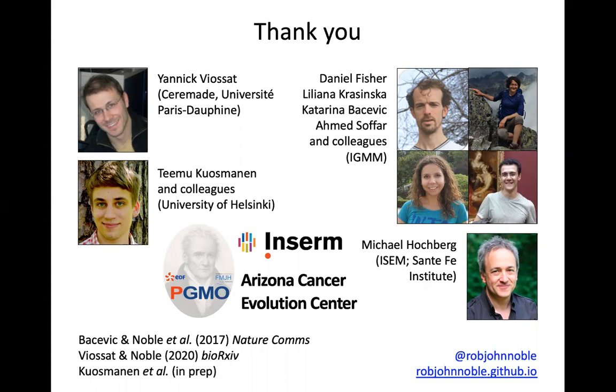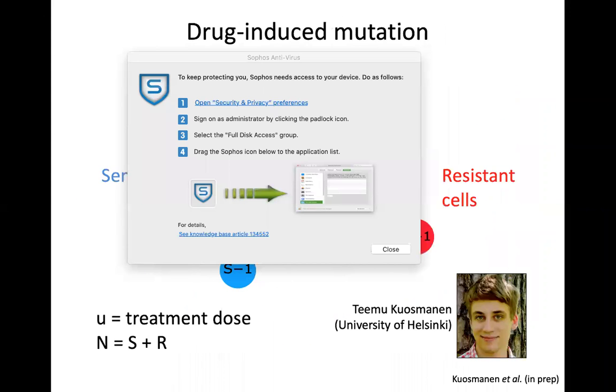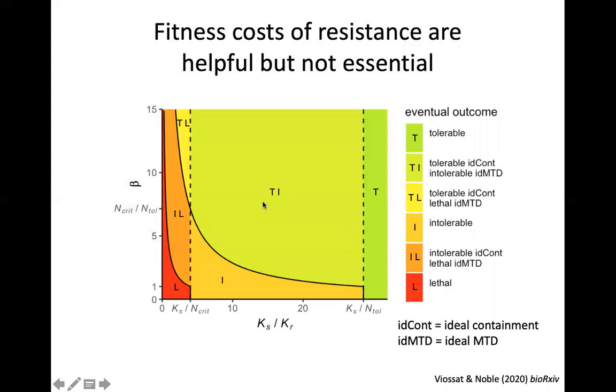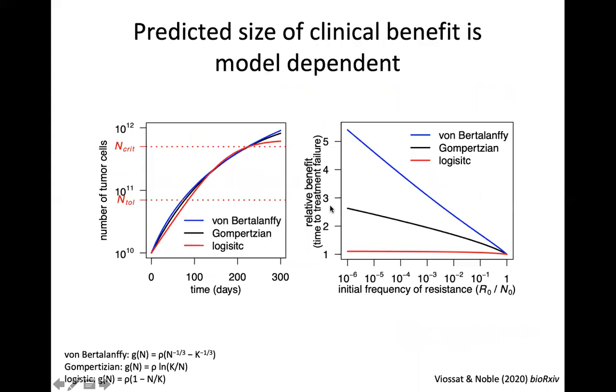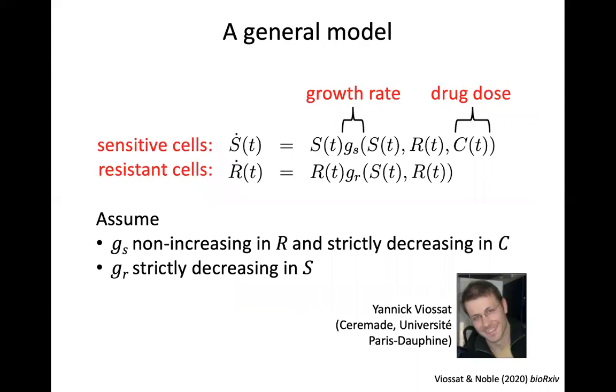I'll just go back to show people what I was talking about then. So the general assumptions we make. Essentially GS could be completely independent of R. It could be the sensitive cells are not affected by resistant cells.